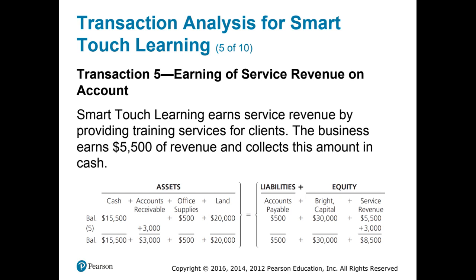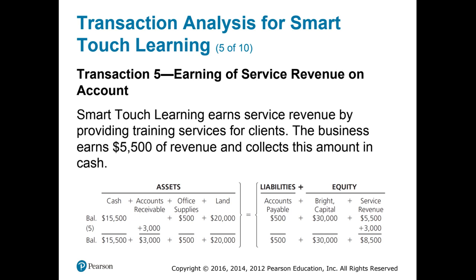So for us, the company, we expect to get $3,000 from this customer. It's still going to go on our books, even though we haven't received the money, because we still have to record it. Instead of them giving us cash of $3,000, they said, I promise I will pay you $3,000. So that is an account receivable.